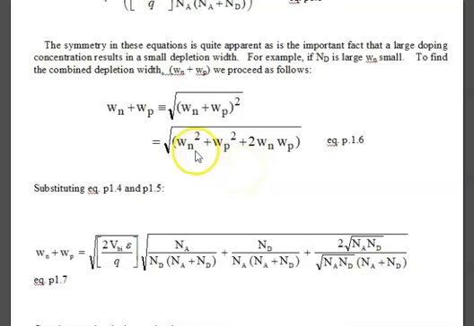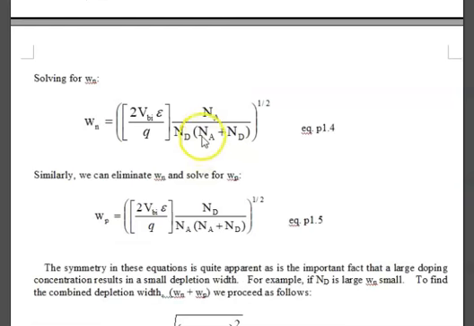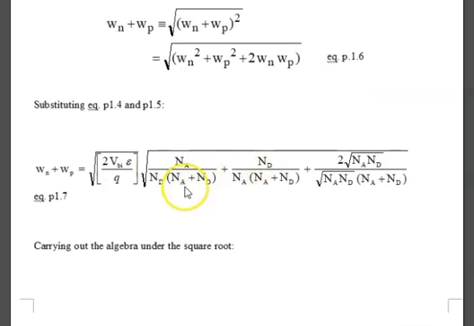So substituting Wn squared for here, we just square this part, and that's this. And then WP squared is this, and then 2 times Wn multiplied by WP. So now this square root sign is this square root sign here.